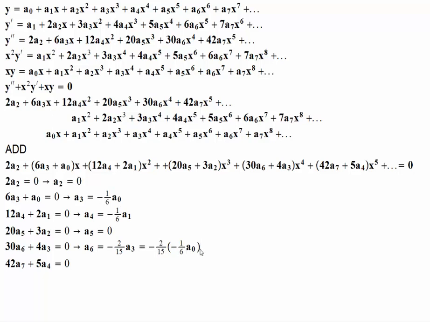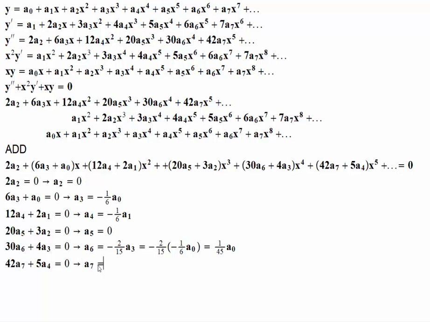And then what will happen? 2 times 3 is 6. So this would be 1 over 15 times 3 is 45, a0, right? And then let's just stop at this term here at a7, and we can just proceed like this if we would like.